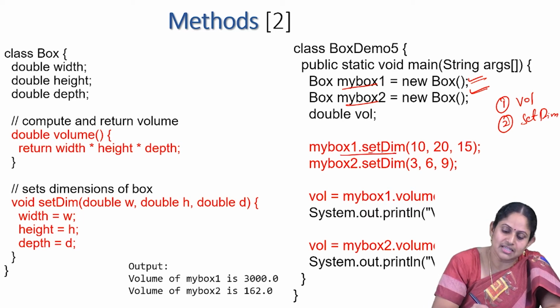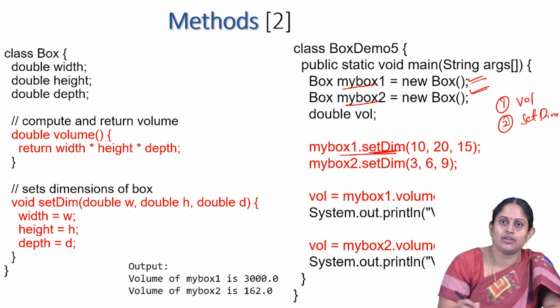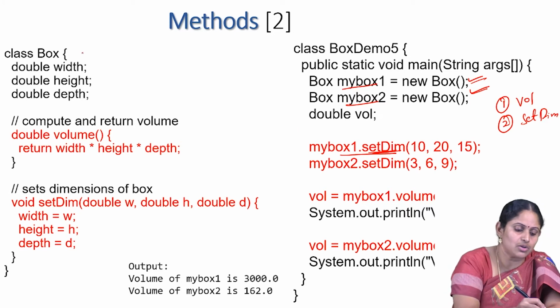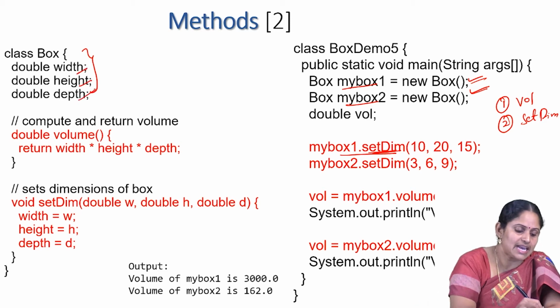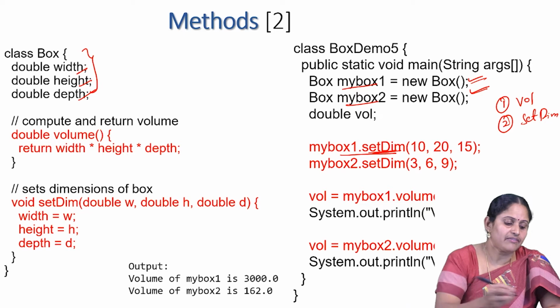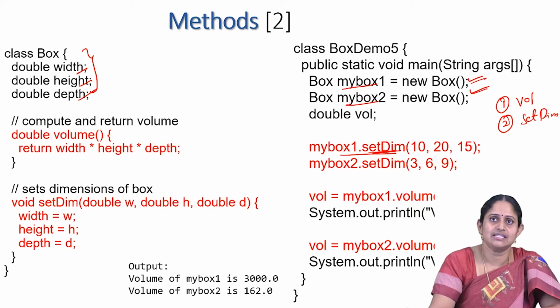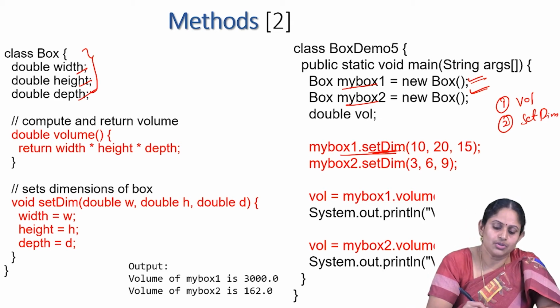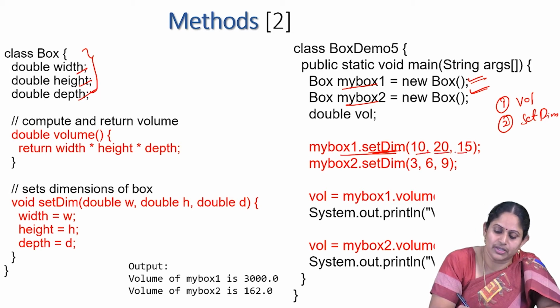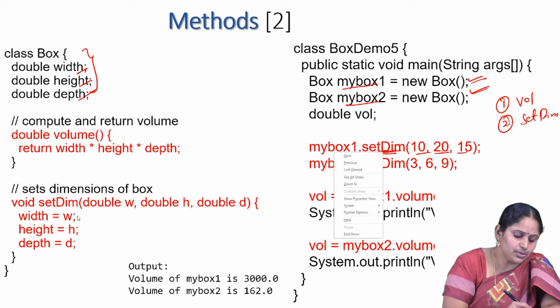What happens here? The setDimension method is used to set some values to its objects. In this method also, we are making use of the same Box class, which has width, height and depth as its instance variables, and we have to assign some values to these instance variables. To set values to those instance variables, we are passing some parameters to it. We are passing 10, 20 and 15 to the setDimension method.